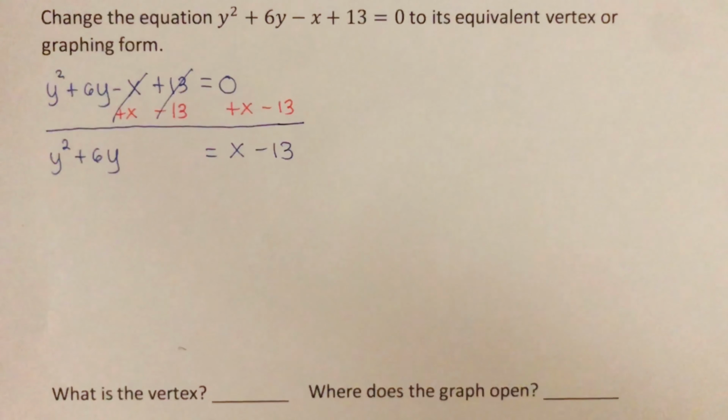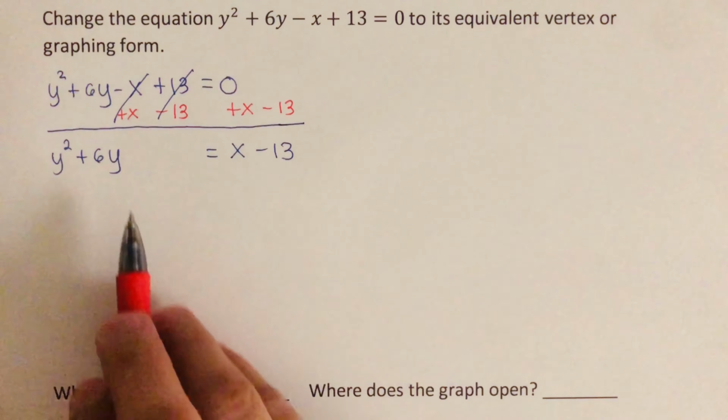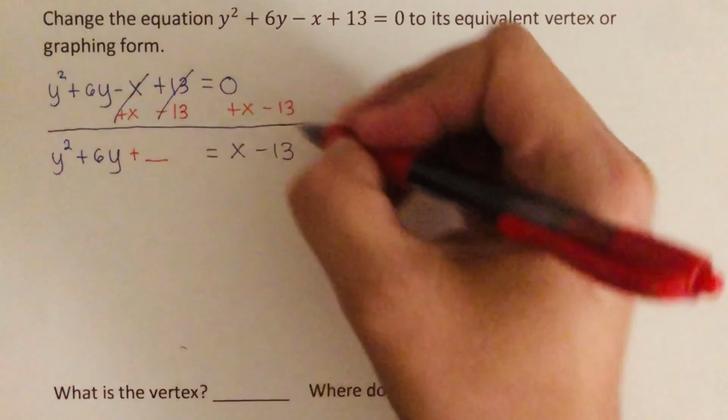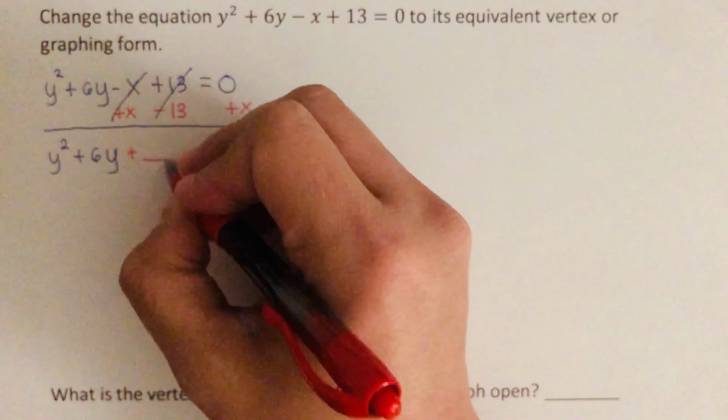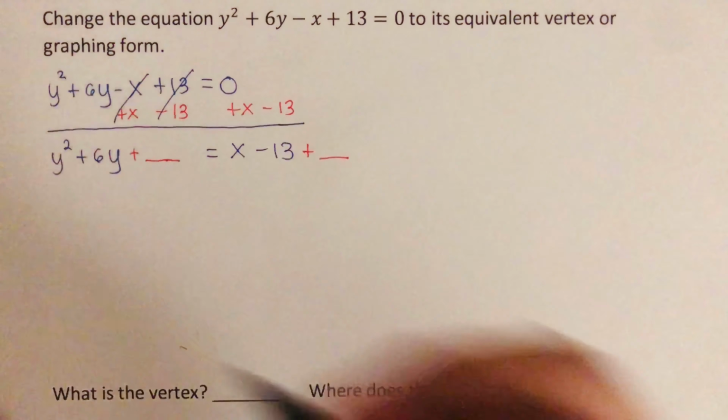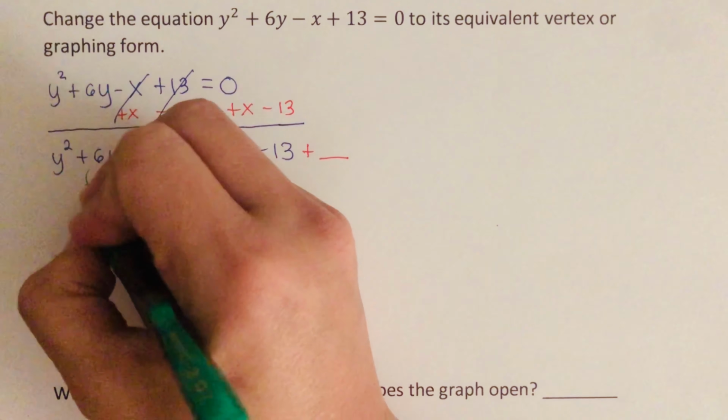The next thing that we are going to do is to add blanks to both sides. So that's going to be a plus blank and plus blank. So pretty much similar to the ones that we did in the other videos on circles and on quadratic equations. To find the value that we write on the blank, we are supposed to divide this by 2.